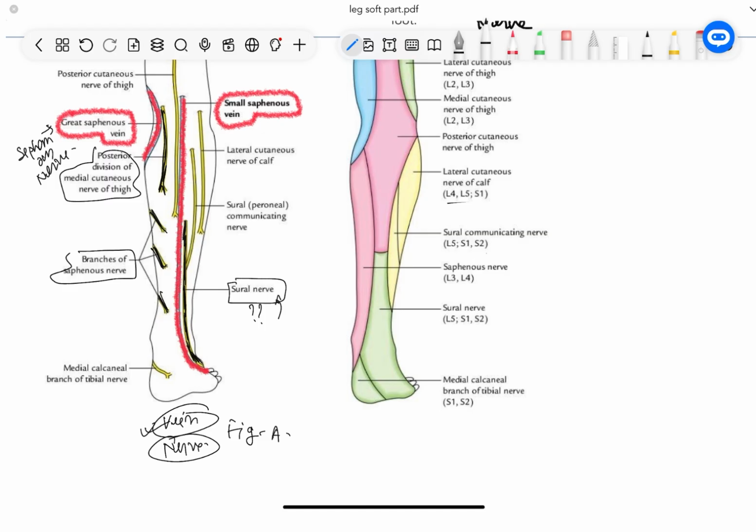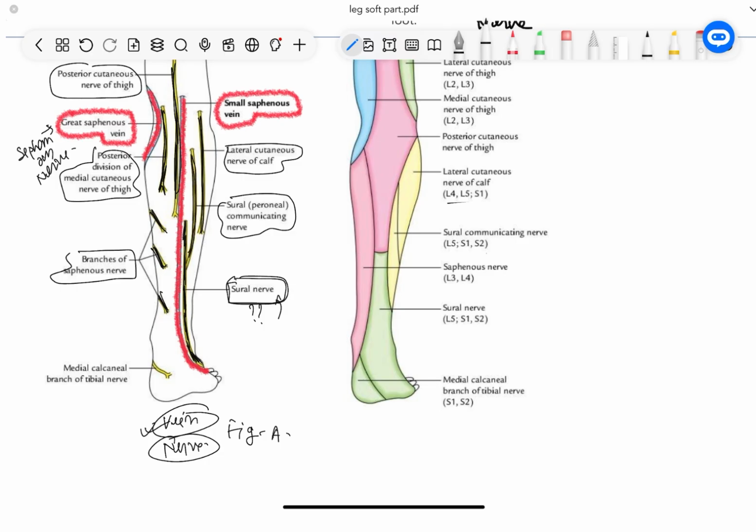Then the posterior cutaneous nerve of the thigh, which you can see here. So, the posterior cutaneous nerve of the thigh, the posterior division of the medial cutaneous nerve of the thigh, branches of the saphenous nerve you got, then the sural nerve I already said, and then you got the lateral cutaneous nerve of the calf, and also the sural or peroneal communicating nerve.